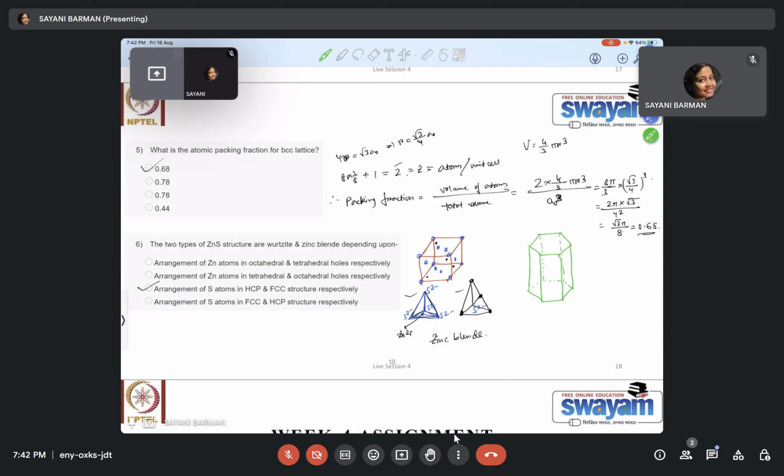If this is the structure, then the cations, which I have drawn in black, are here. Zinc is here at the 12 corners, and then the anions are here. But the coordination number will be the same. This is wurtzite.